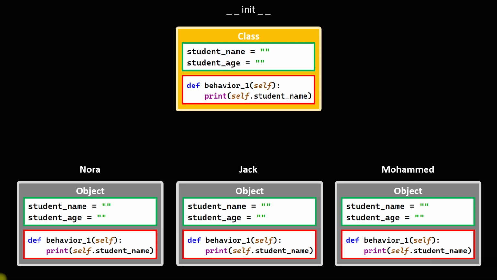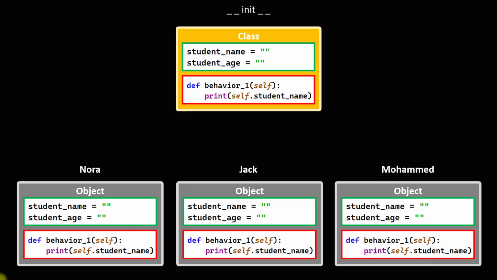When you create an object, the object is a copy of the class, and the attributes inside the object that you have created will contain the same values as the attributes inside the class. So the attributes of the object will be empty, like the class.